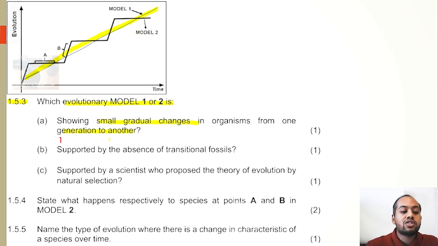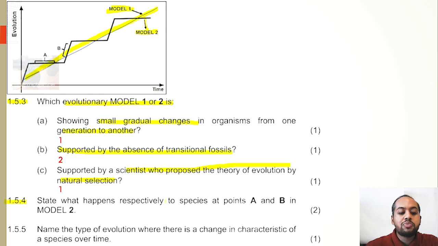Therefore, we can't choose model 2. Supported by the absence of transitional fossils is going to be model 2, because punctuated equilibrium did not have transitional fossils. Supported by scientists who propose a theory of evolution by natural selection, model 2 can't be natural selection because model 2 is punctuated equilibrium. Therefore, it has to be model 1.